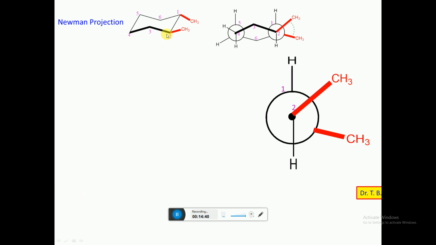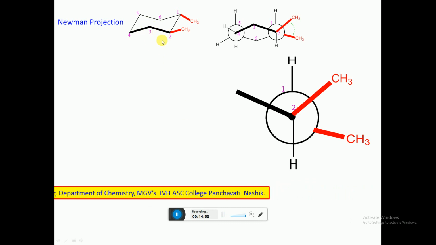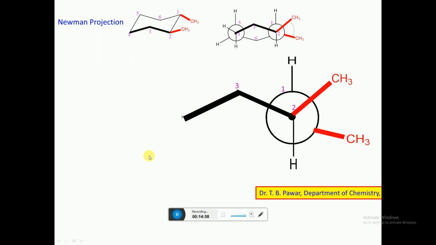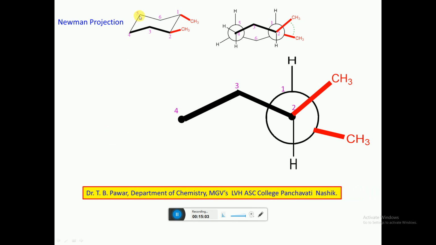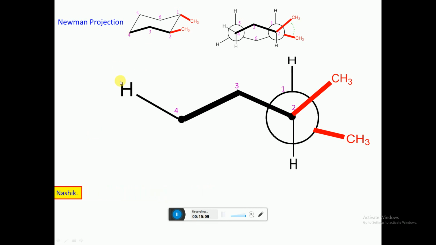Carbon 2 is attached to carbon number 3. This is the front side, so it is presented by a dark line, and 3 is attached to carbon number 4. This front one should be at the center of the circle. Carbon number 4 is attached to the back carbon, which is represented by a circle. At carbon number 4, there are 2 hydrogens, one axial and one equatorial.